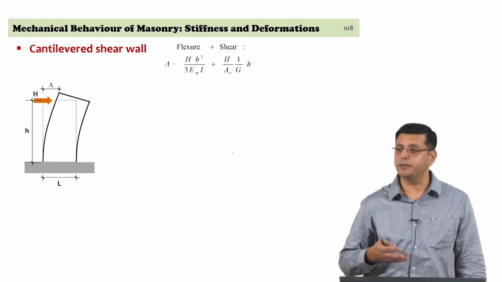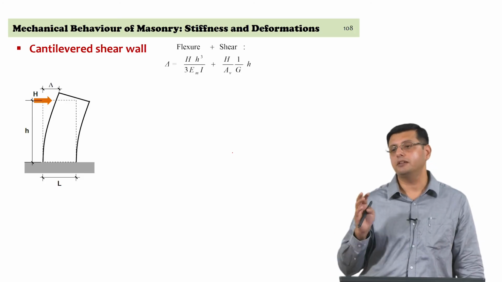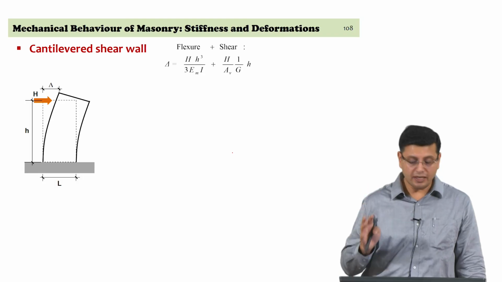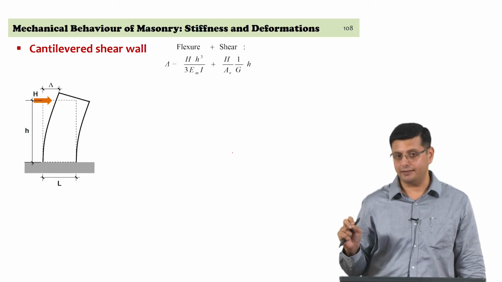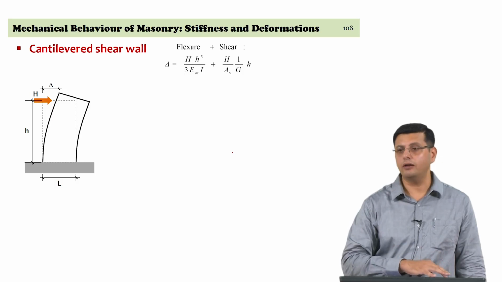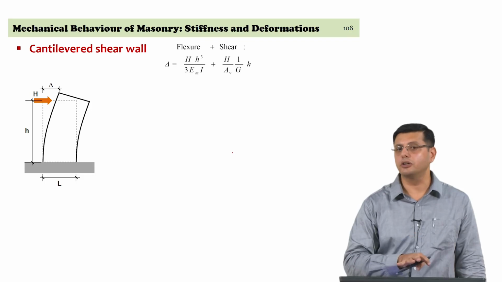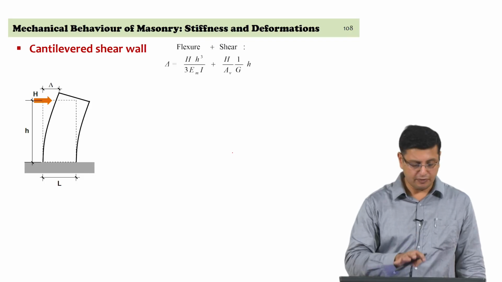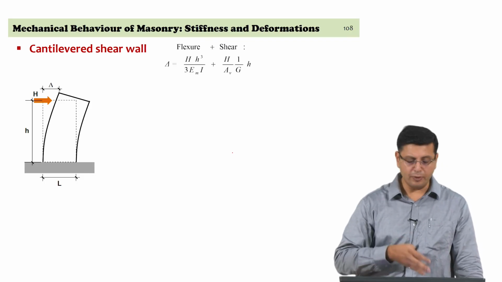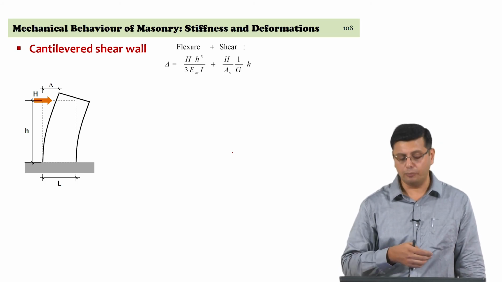But as the aspect ratio changes, as the h by L ratios change, the shear deformations cannot be neglected. So, the total in-plane lateral deflection of a masonry wall has two components, the flexural component and the shear component.